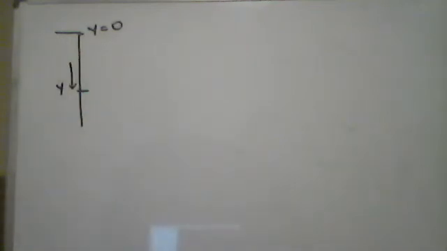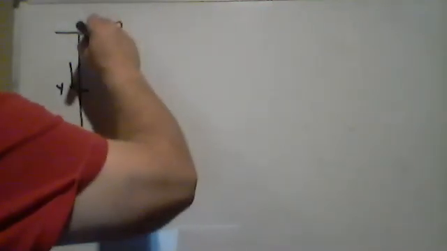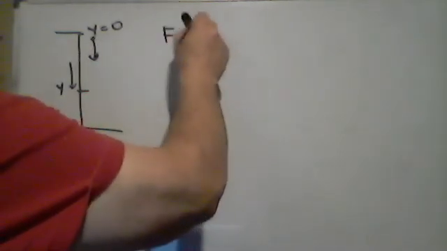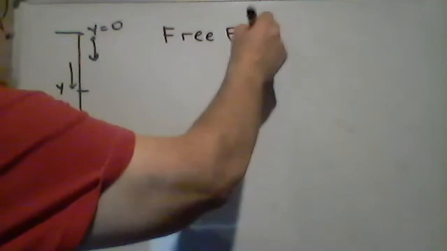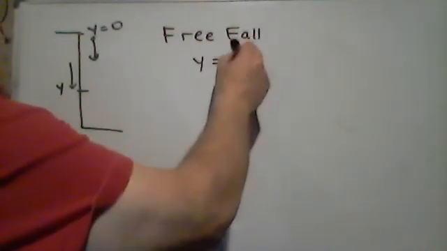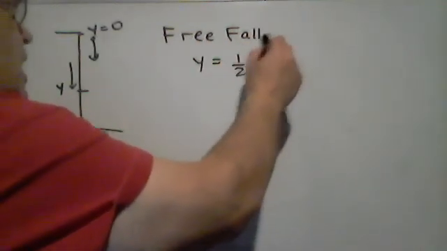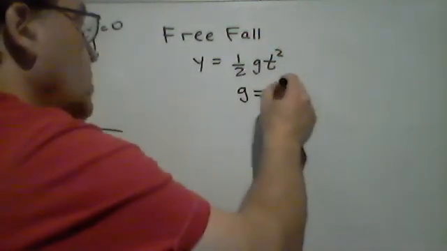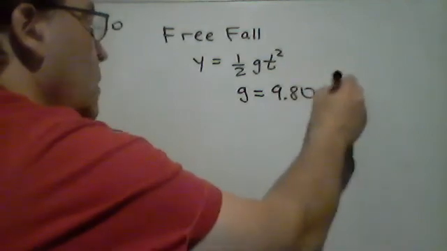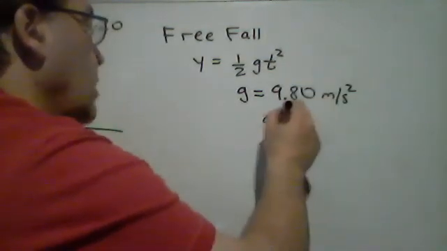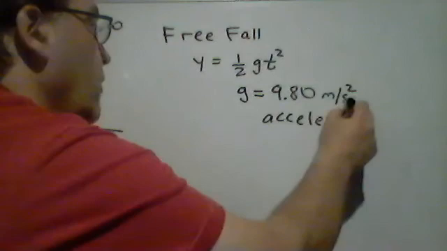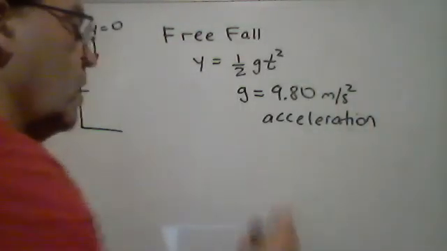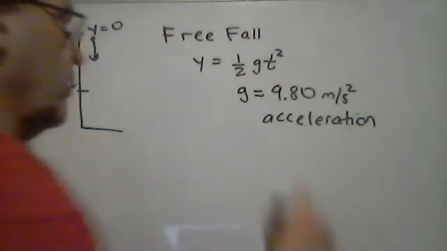I drop a ball and it accelerates to the ground. I'll find out in free fall that y is going to be 1/2 gt squared. g on Earth is 9.80 meters per second squared. That's called the acceleration of gravity. Every planet has its own acceleration of gravity. The moon's like 1.6. Mars is like 3.75, I think.